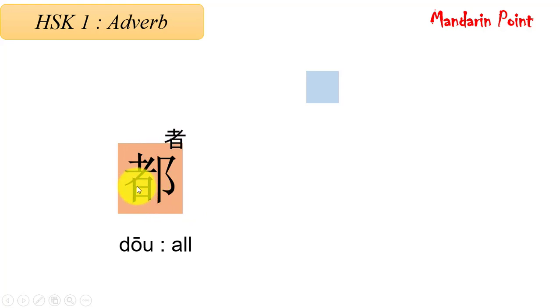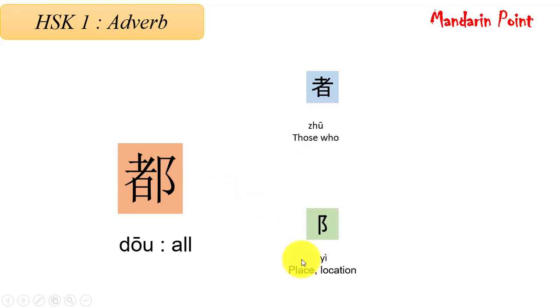On left side we have this zhe, and its meaning is those who, while on right side we have yi, which is radical used to denote place or location. We can simplify this one further. On the bottom side we have ri, meaning sun, while on the upper side we have another component which doesn't have any specific meaning.